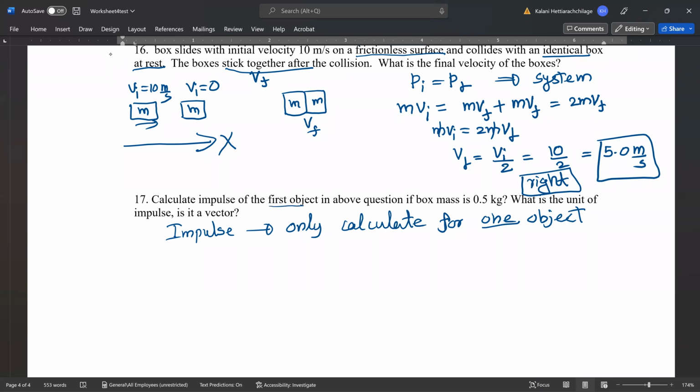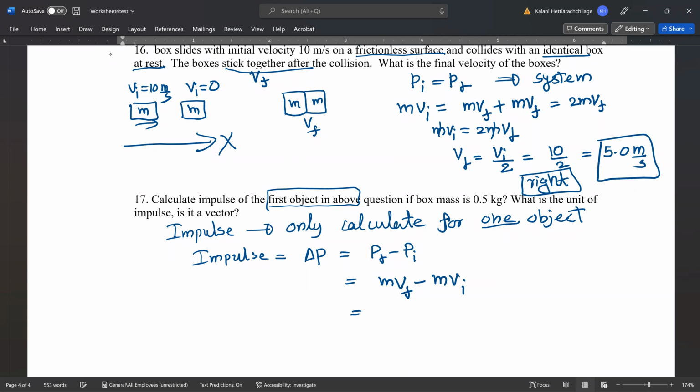Now you need to understand it says the first object is the one you need to calculate. Impulse is equal to the change of momentum. That means P final minus P initial, only for the first object I am doing. So this will be mass times V final for that object, minus the initial, mass times V initial. Now we have those numbers.